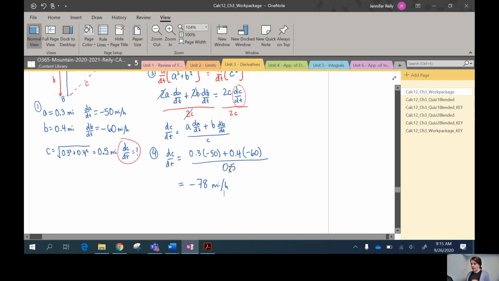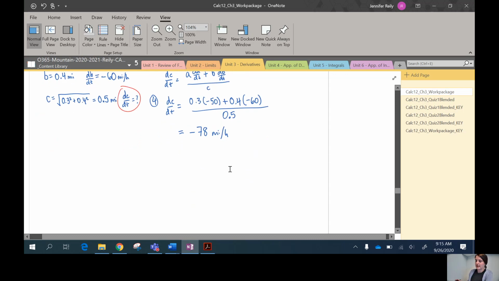So that makes sense, and we just need to write a sentence. So the cars are approaching one another at a rate of 78 miles per hour.